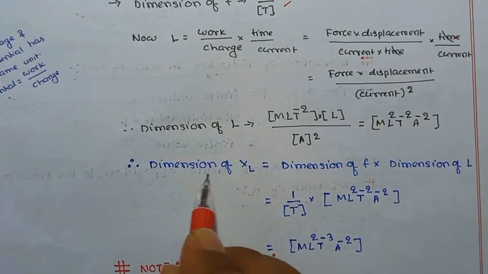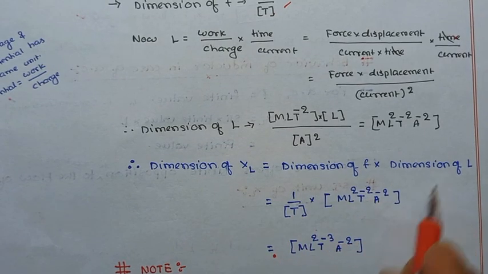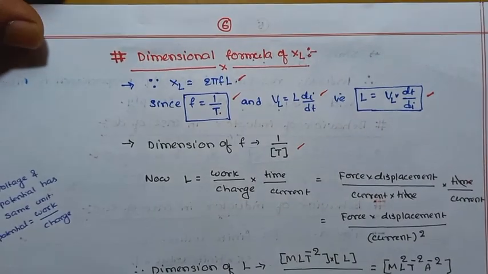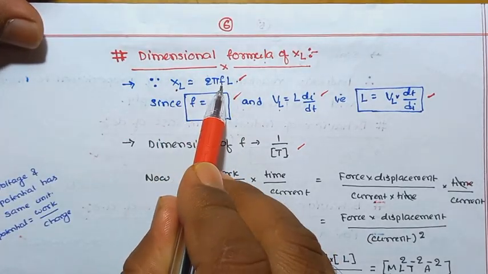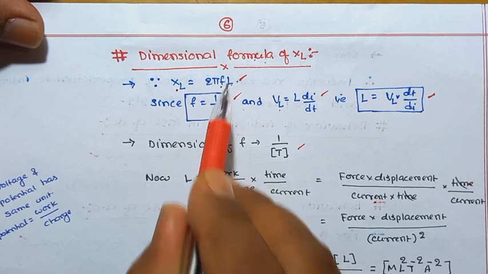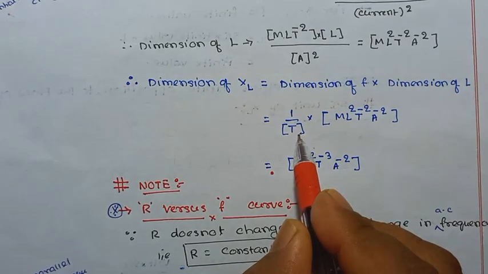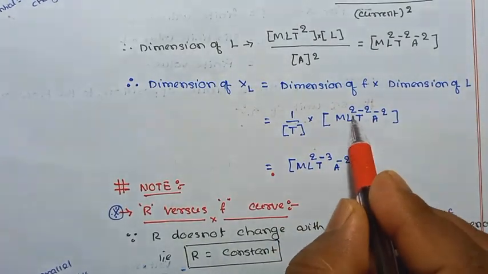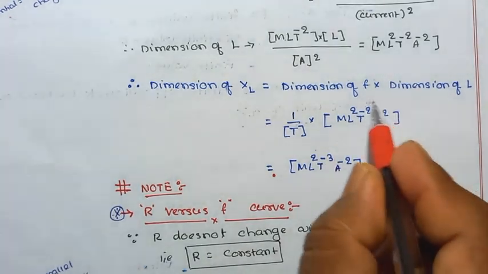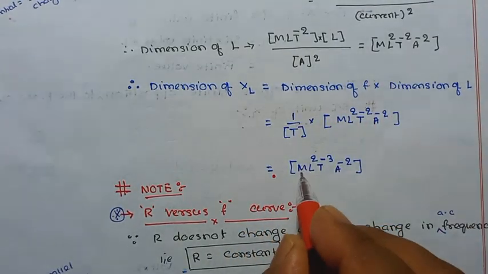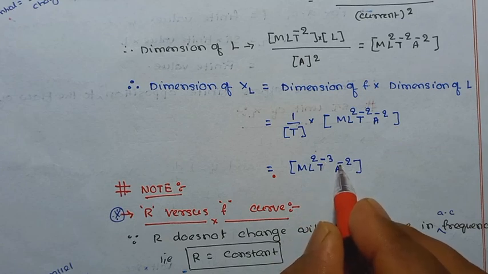So the dimension of XL is the dimension of F into the dimension of L. See in the equation XL is equal to 2 pi FL. The dimension of F is 1 by T. The dimension of L is ML2 T inverse 2 A inverse 2. So after simplification we get ML2 T inverse 3 A inverse 2.